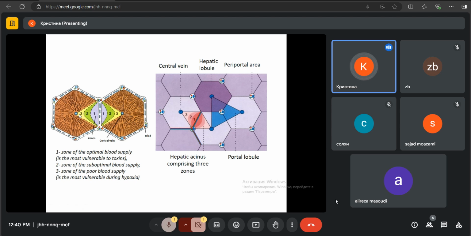So they will die first in the case of hypoxia. Conversely, the hepatocytes of zone 1 will be more vulnerable to toxins because they are first who will meet the toxins if they come from blood, from intestines. So they will receive a larger amount of the toxin and they would die first.